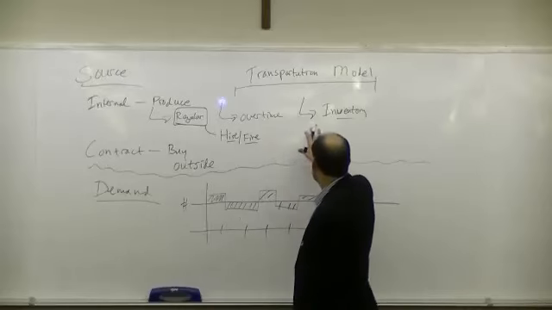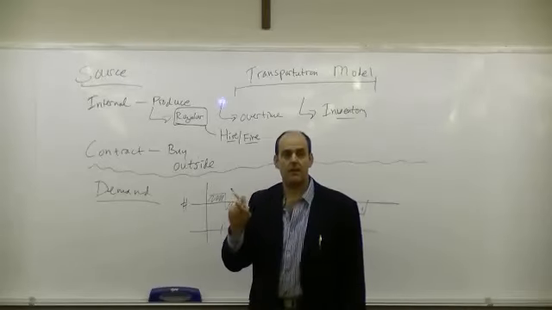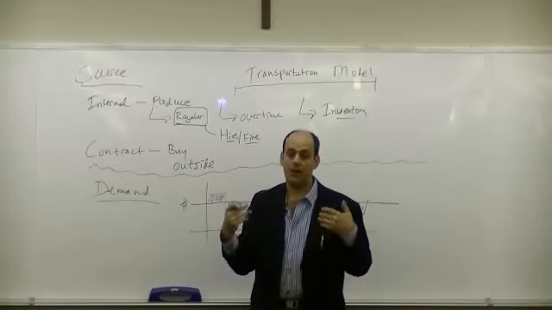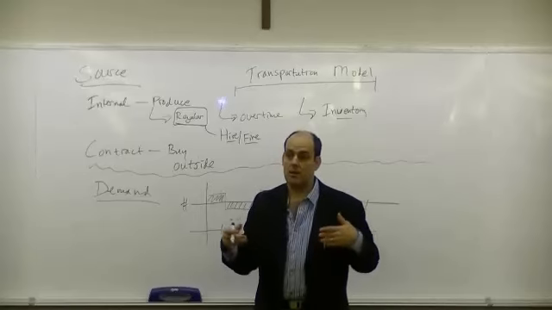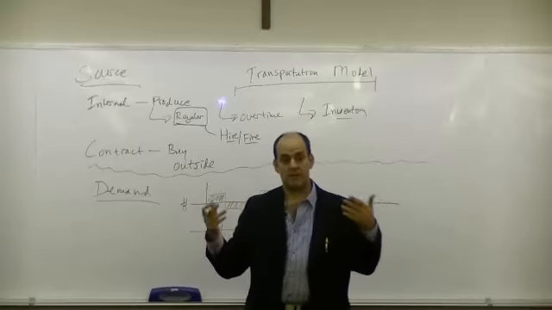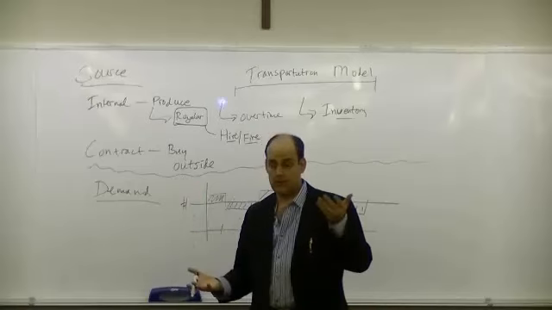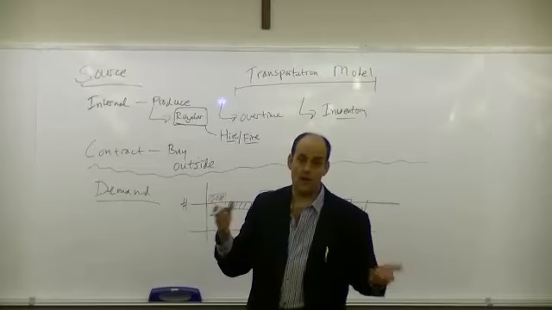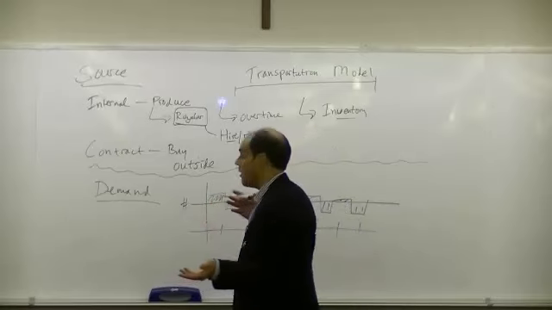So one of the things we can do in this transportation model is we can, in fact, account for that cost. We can include that cost in our transportation model so that the solution from our transportation model can balance out the pros and cons of inventory versus contracting versus overtime.